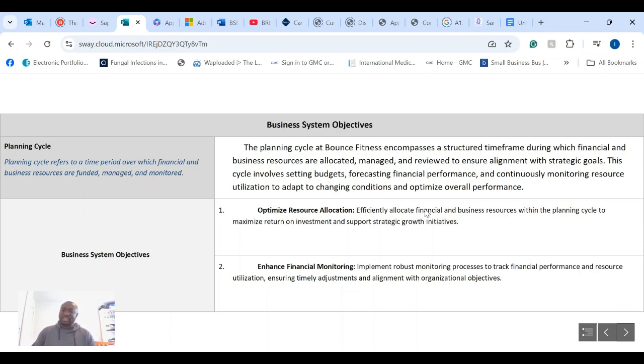We are trying to efficiently allocate financial and business resources within a planning cycle to maximize return on investment and to enhance financial monitoring. Hopefully implementing this monitoring process will help us to track financial performance and resource utilization with timely adjustments.